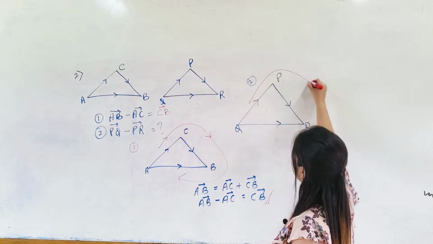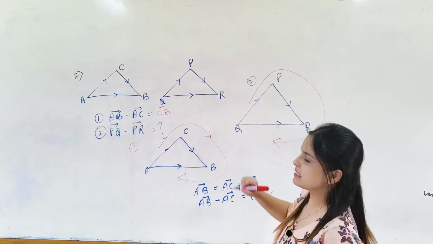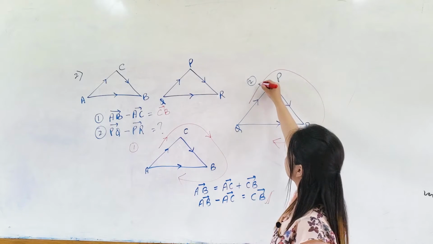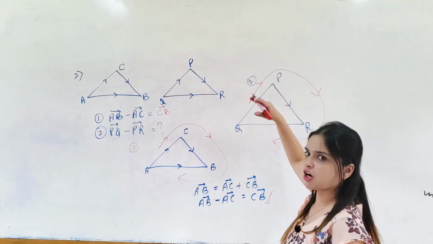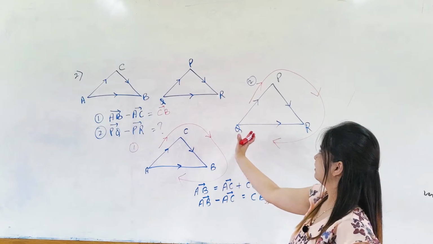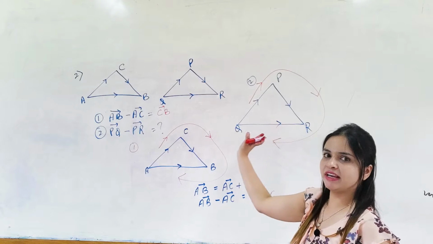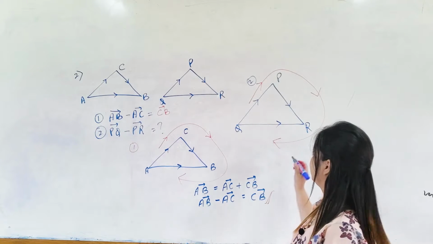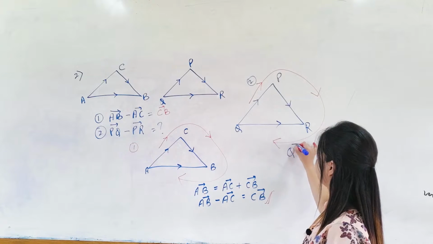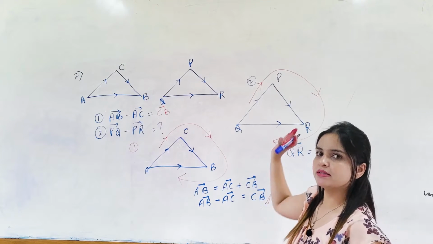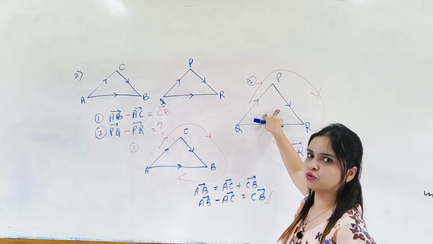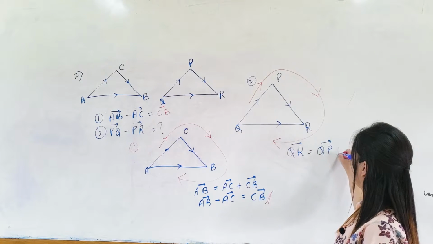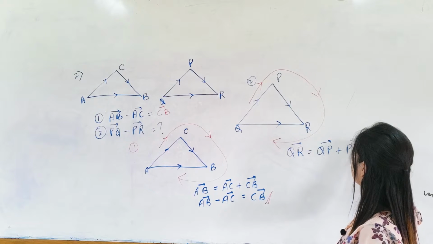If you see this carefully, you will see that my QP and PR, they are going in the same direction, clockwise direction. And QR is going in the opposite direction. That means QR is my resultant. So the resultant vector QR is equal to sum of the other two vectors, which is QP plus PR.